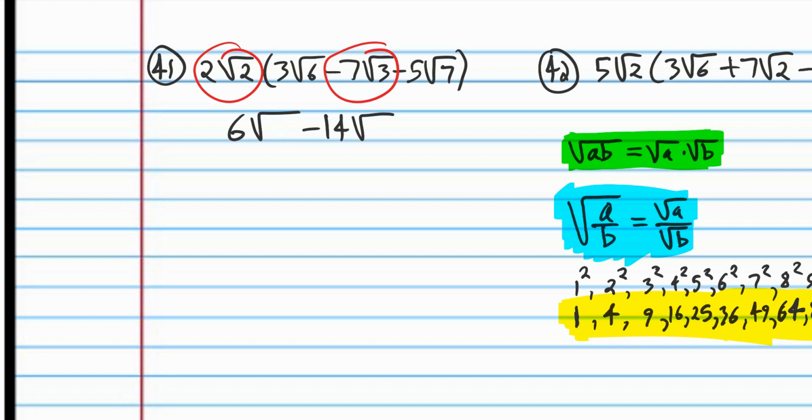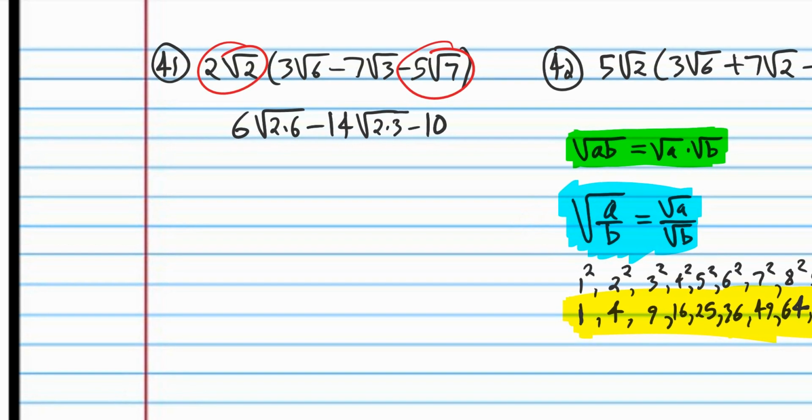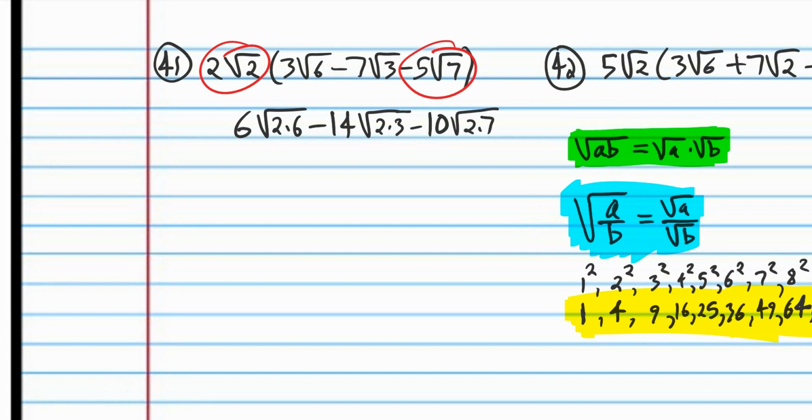I should show the intermediate steps for that. I'm sorry. That should be 2 times 6. And then negative 14 root 2 times 3. And 2 root 2 times negative 5 root 7 is negative 10 root 2 times 7.